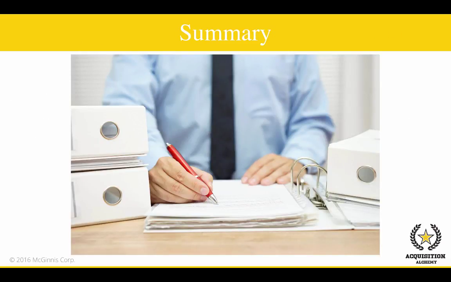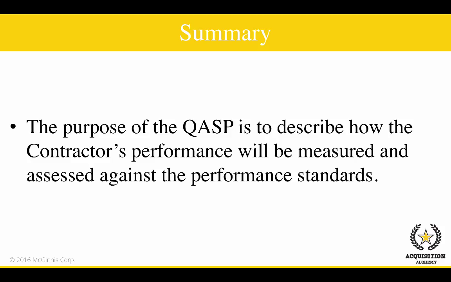In summary, the QASP is a living document that can and, in many cases, should be updated as the contract's requirements or the government's contract surveillance needs change over the period of the contract's performance. Again, the purpose of the QASP is to describe how the contractor's performance will be measured and assessed against the performance standards.